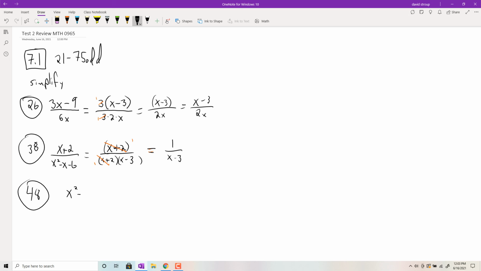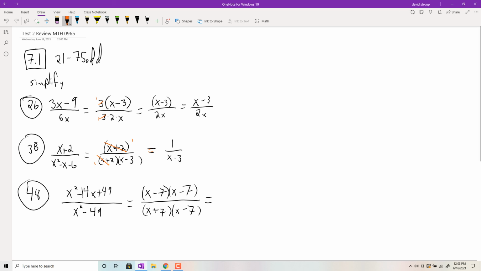We have x squared minus 14x plus 49 all over x squared minus 49. Okay. I'm going to factor the numerator and the denominator. Looks like the numerator is a perfect square trinomial, minus minus, 7 and 7. The denominator is a difference of squares, x plus 7, x minus 7.